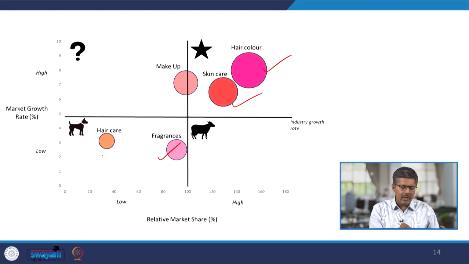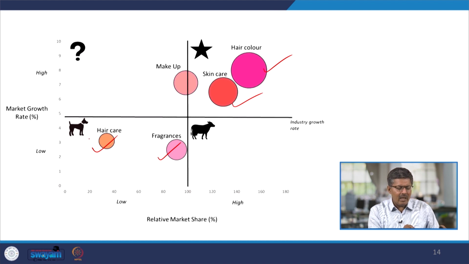Although there are 5, one is missing. So, which is doing the best? The hair color is doing the best. The market growth rate is high, it is growing, and the company has a very good position, that means its market share is quite high and its presence in the market is very high.